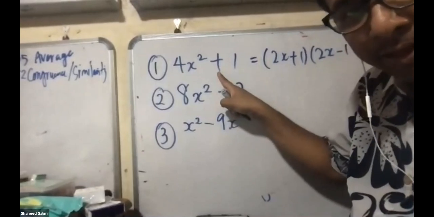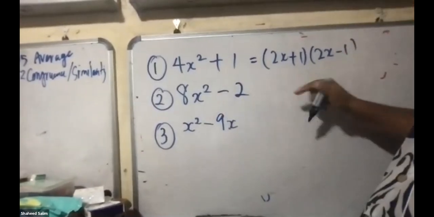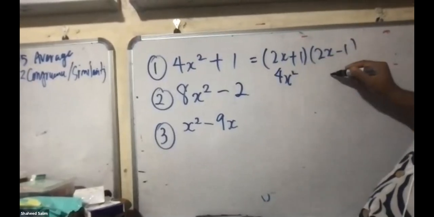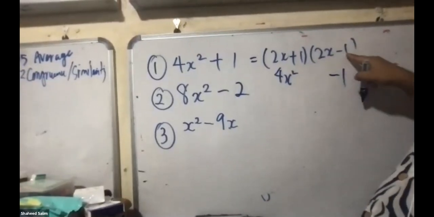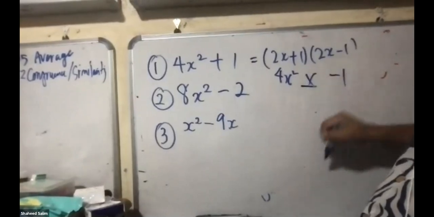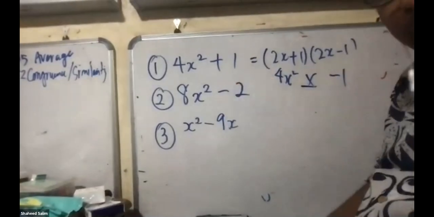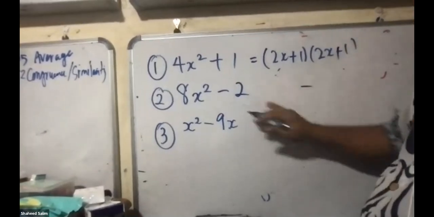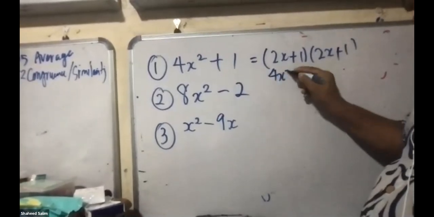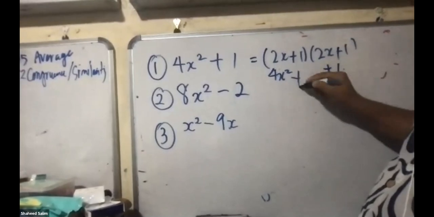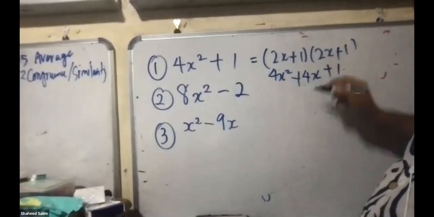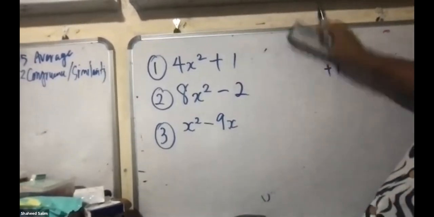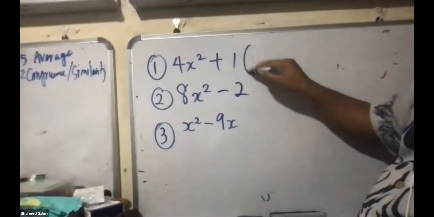If you multiply out, 2 times 2, 4x. 1 times 1, minus 1. No center term. This one has a center term. Then you say, never mind, we change to plus. Cannot. Once you change to 4x squared plus 1, down here this is plus 4x, and down here there's nothing there. So this first one cannot be factorized.